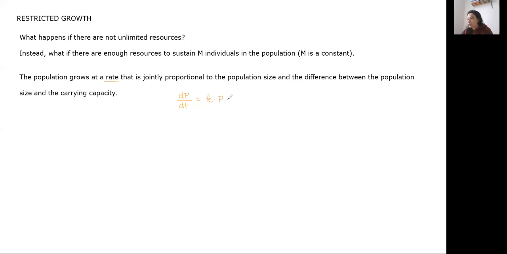But then it's also going to be proportional to the difference between the population size and the carrying capacity. The carrying capacity is the letter M, the maximum population that you can reach, so the number of individuals that your environment can sustain. So this is proportional to the difference between the number of elements that can be carried and the population size.